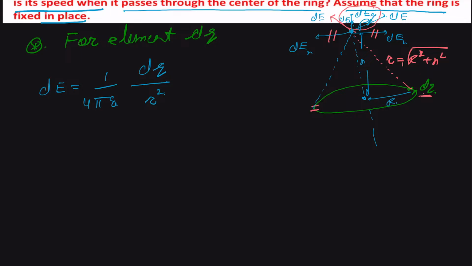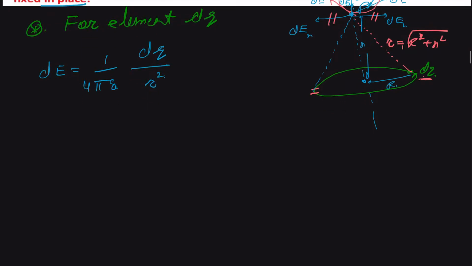So like I said, only the vertical component will be left, the horizontal component will be balanced out. Okay. And so the component that will be left is our vertical component, and that will be equal to our dE cos of theta. Okay, if this angle is theta.